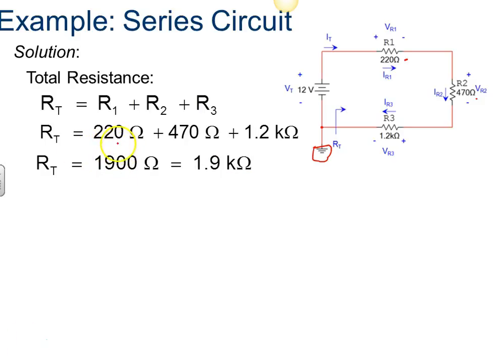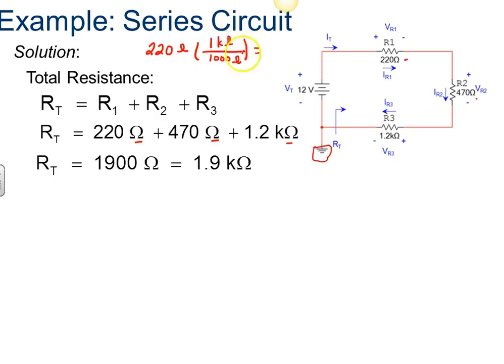One thing that has been skipped in this slide, and it's important for you to recognize, is that we have different units. We have the ohms and they have the kilo ohms. The kilo ohm is 1,000 ohms. So if we have, for instance, 220 ohms, and we want to convert that to kilo ohms, we've got 1,000 ohms equals 1 kilo ohm.